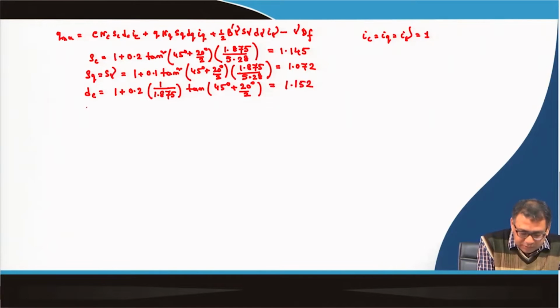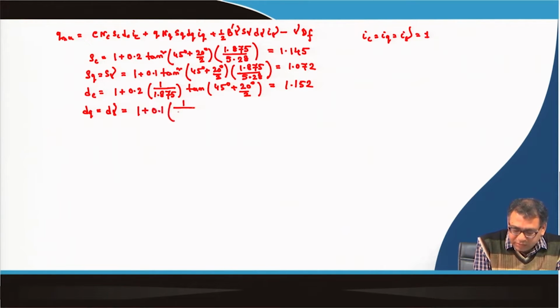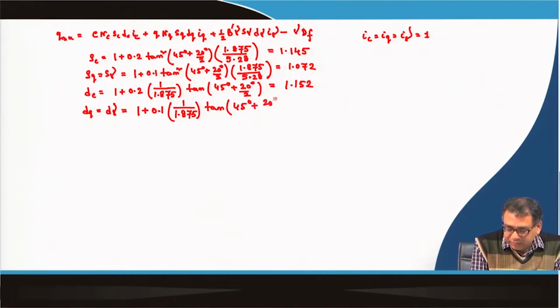Okay. So, now the Dq equal to D gamma is equal to 1 plus 0.1, 1 by 1.875, tan 45 degree plus phi by 2, which is equal to 1.076.